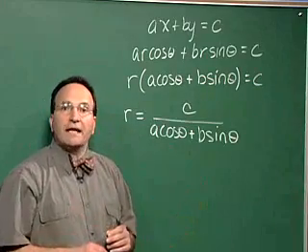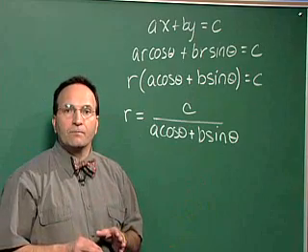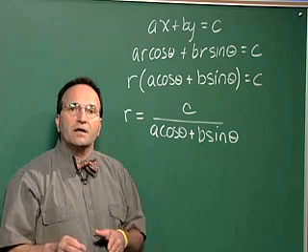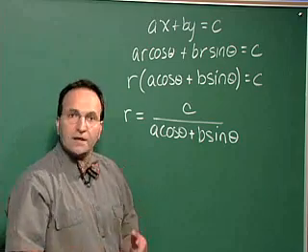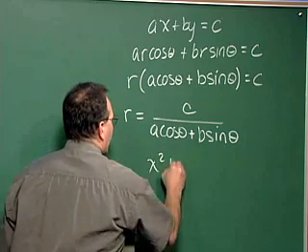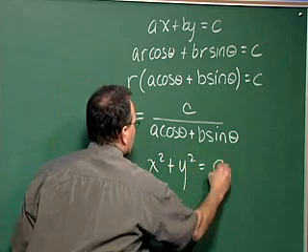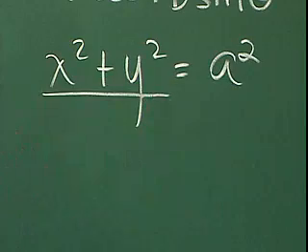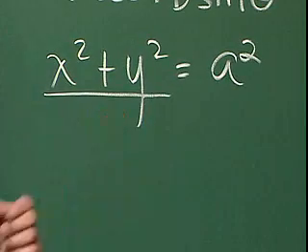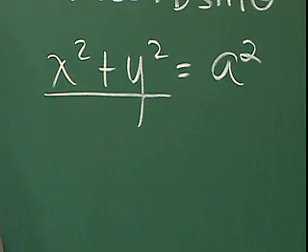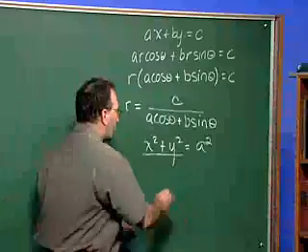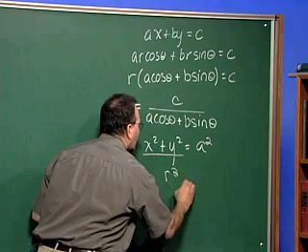Well, now let's find the polar form for a circle. And a circle is x squared plus y squared equals a squared. So let's take a look. X squared plus y squared. Remember that r is equal to the square root of x squared plus y squared. Therefore, this is equal to r squared.